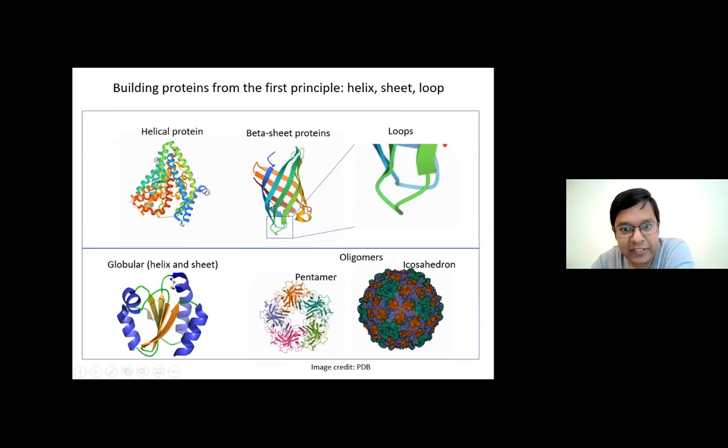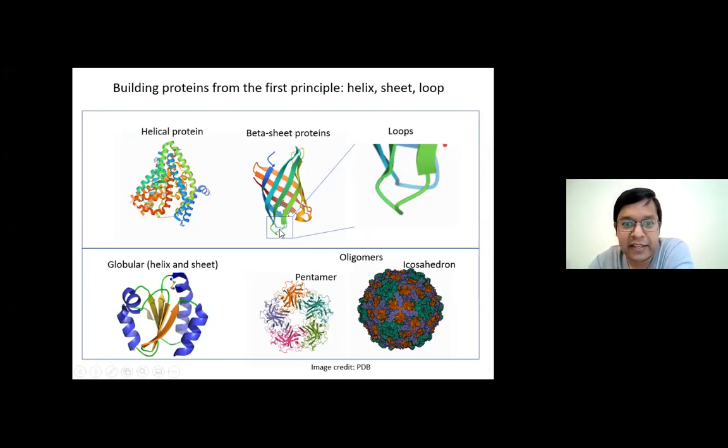This is basically a sheet made of different strands, which people also call beta strands. This is another kind of structure that proteins always use to build bigger proteins.